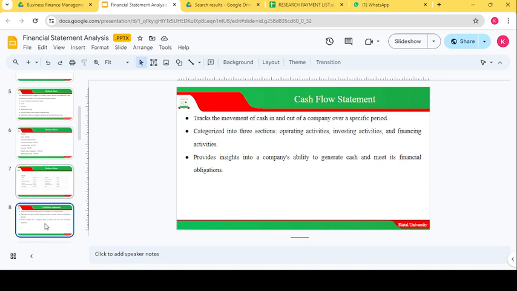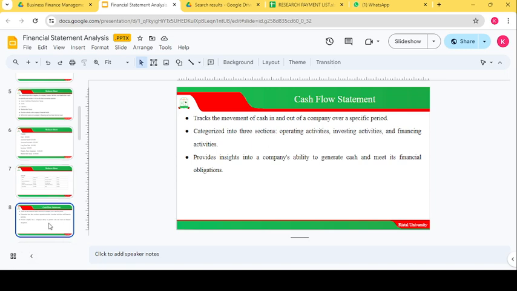This helps to assess the company's liquidity and cash management. The operating activities are cash flows from the core business operations. The investing activities are cash flows from buying and selling assets. And then we have the financing activities. These are cash flows from transactions with the company's owners and creditors.